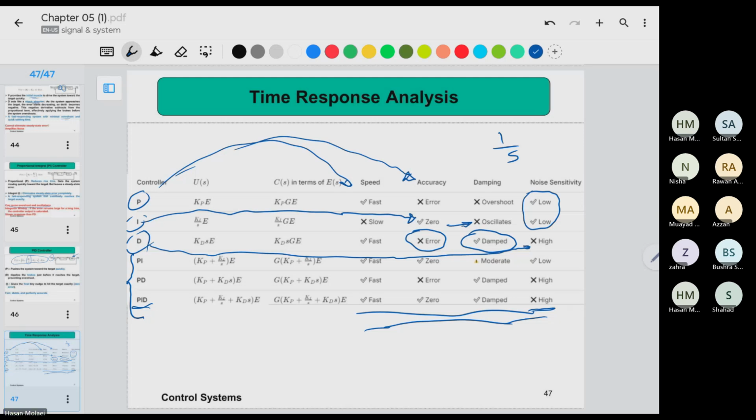In general, if you want to make the system faster, which kind of controller should you use? You increase the gain, your rise time reduces and the system becomes faster.